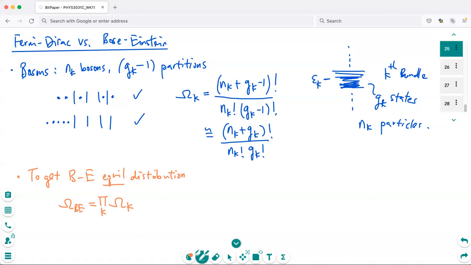But very quickly, just in case you didn't invest this time: the way to arrange the particles in the k-th bundle is independent from the way to arrange the particles in, let's say, the (k+1)-th bundle. So these are independent events. It doesn't matter how I do the k-th bundle; the (k+1)-th bundle doesn't even know about this.